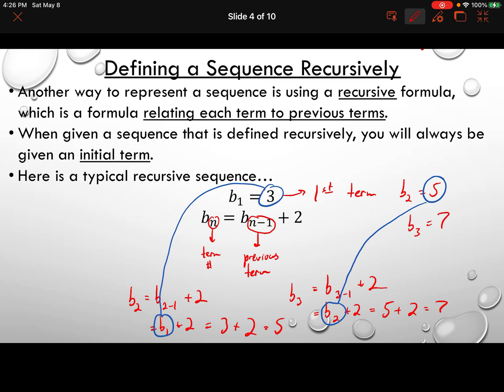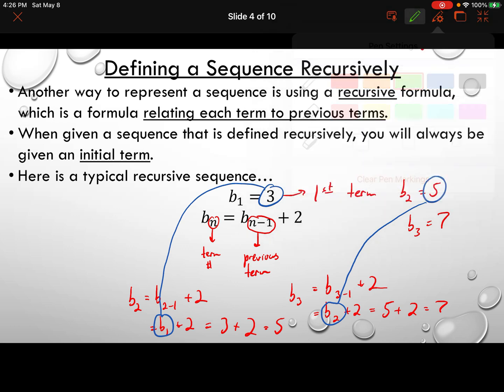If you're talking about the third term, you're going to the second term, so on and so forth. So you're taking your previous term and then you're adding 2 to it. Hopefully you can see this happening, because the first term was 3, the second term was 5, and the third term was 7. So it looks like we're just adding 2 every single time.